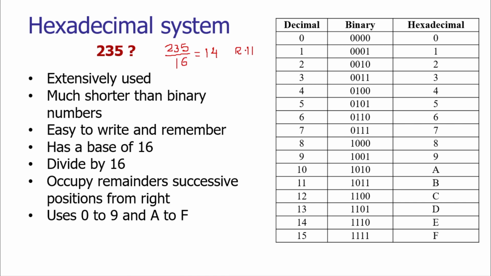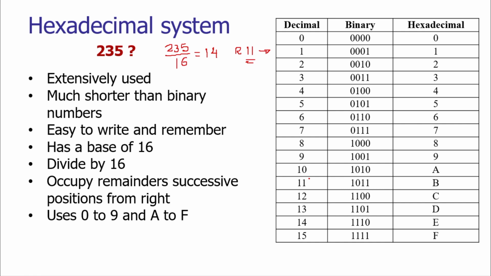Now, what this procedure suggests: you find that the remainder is 11. Now you refer to the table and find the hexadecimal representation for a remainder of 11.